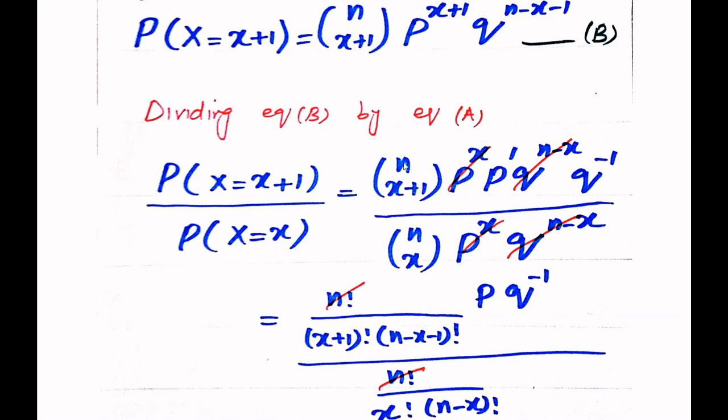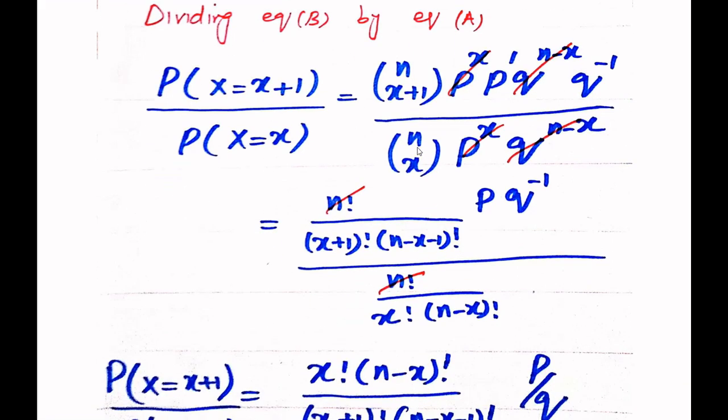When we expand the combination, we write it as n factorial over (x plus 1) factorial times the factorial of the difference of these two terms, (n minus x minus 1) factorial. Similarly, we write the denominator as n factorial over x factorial (n minus x) factorial.